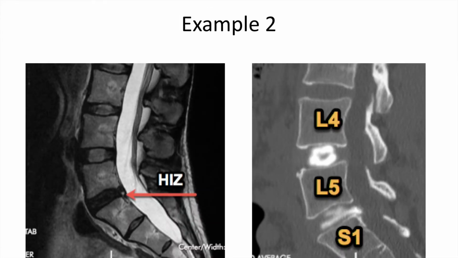Here's example 2. In this case, we do see a high intensity zone here on the left, and the other discs look fairly good or okay. This is a darker disc, and we don't know if this is causing the pain or not, but we can see here that there's an annular tear for sure, and it did correlate with this person's pain at L5-S1.